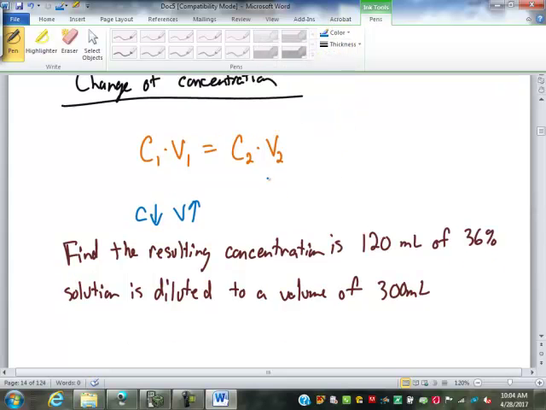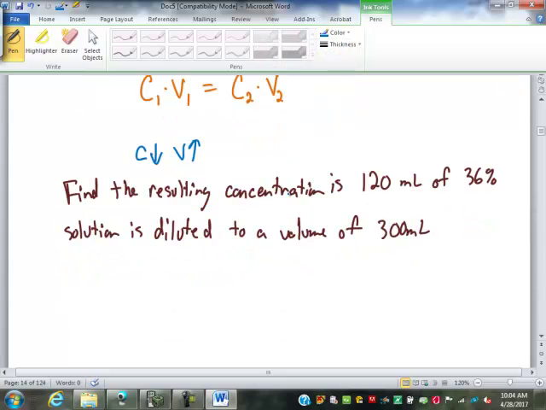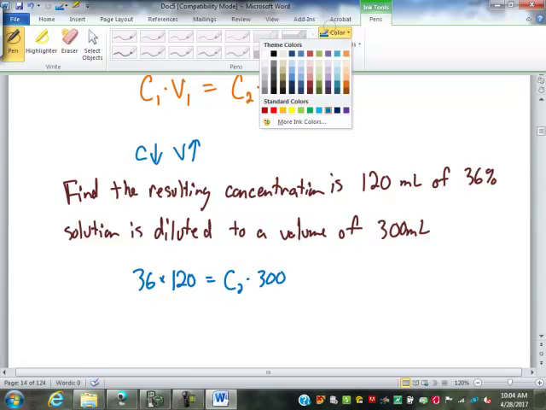So then we use this formula here, C1V1. Well, we have 36% is our concentration times a volume of 120 milliliters equals C2 is what we're looking for times a volume of 300 milliliters.